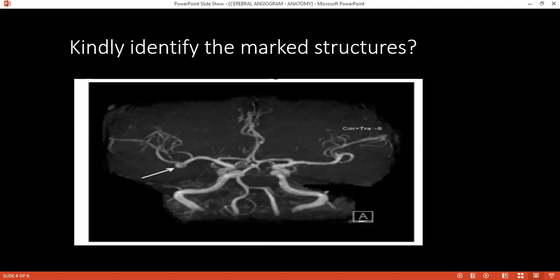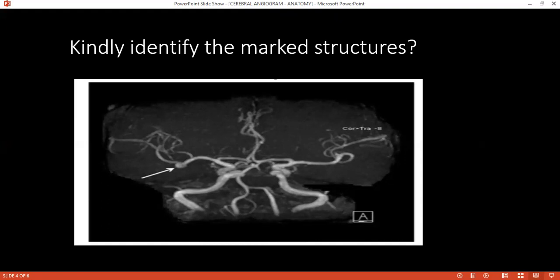Can you tell me the course of the vertebral artery? Okay, the vertebral artery comes from the subclavian artery. Then goes upwards through the foramen transversarium from C7 to C1, C2. And in C1, it passes in the posterior arch of C1.